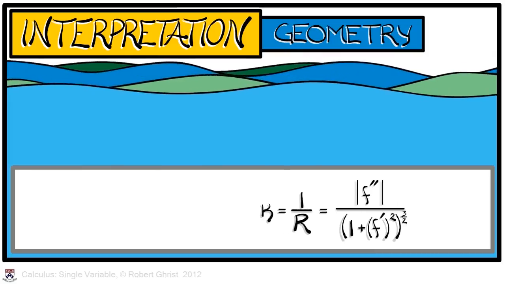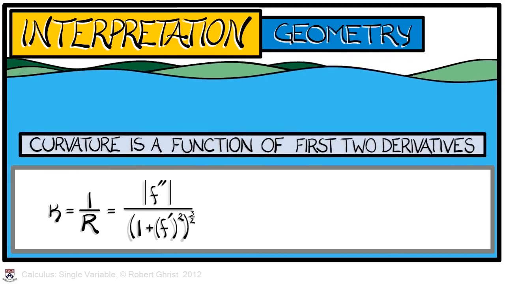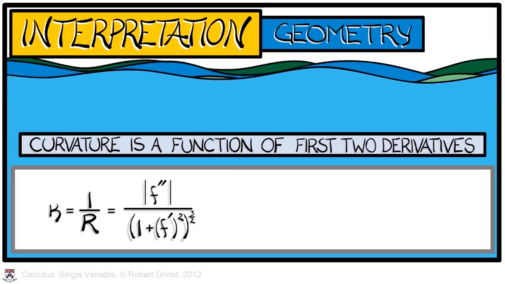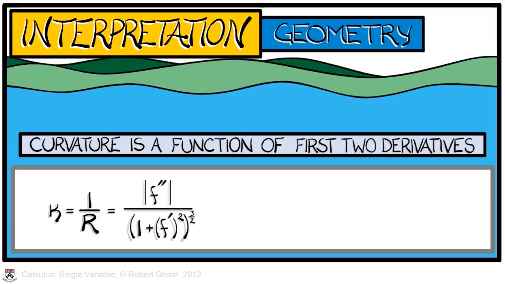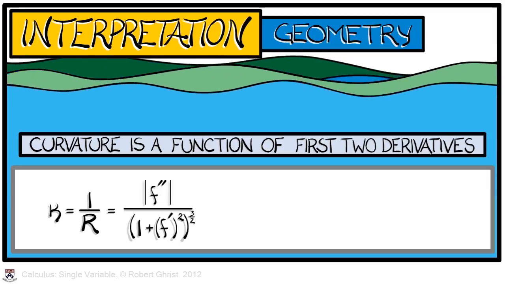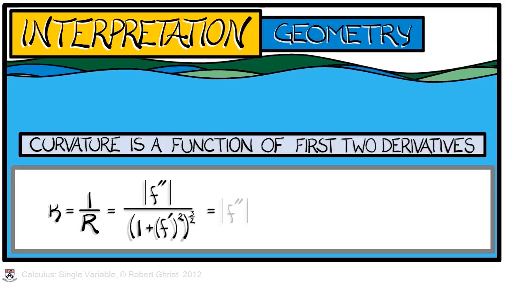Now, how might we use this? Well, first of all, notice that curvature depends only on the first derivative and the second derivative. That makes sense since it's being captured by something to do with a circle and second-order tangency.